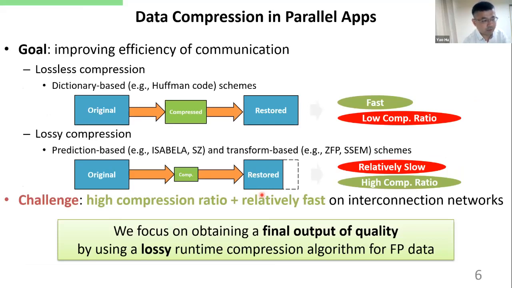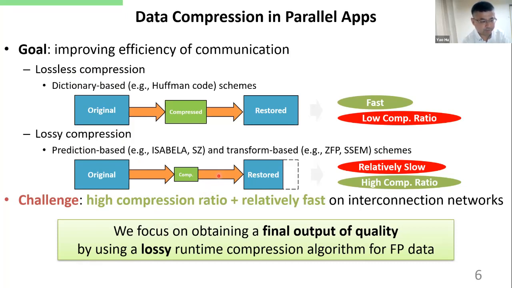To improve the efficiency of communication, the simplest method is to reduce the number of communication messages, but this will introduce non-negligible errors. So this is not the case for our use. Our solution is to use compression. Compared to lossless compression, lossy compression usually has a higher compression ratio at the cost of lower data precision after the data is decompressed.